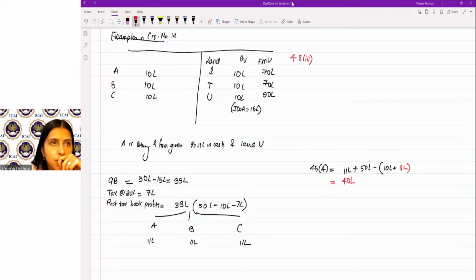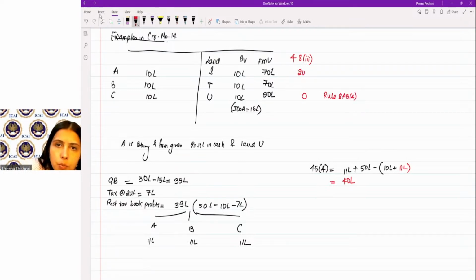It won't be 0. Very good, Gopika. So for you, it will be 0 as per rule 8AB4.